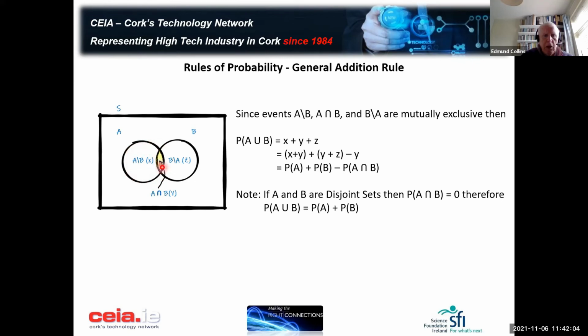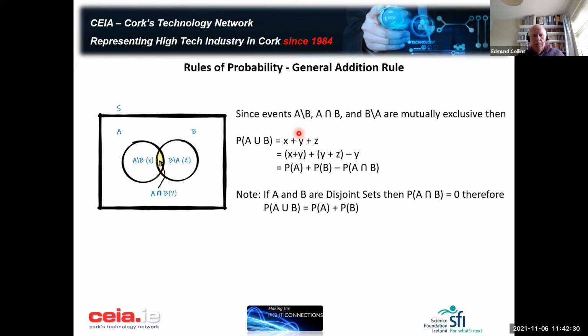Anything that's A but doesn't overlap with B. So we know our intersection here, A and B. That's that part there, shaded yellow. And B, not A, is again any part of B that doesn't include A.